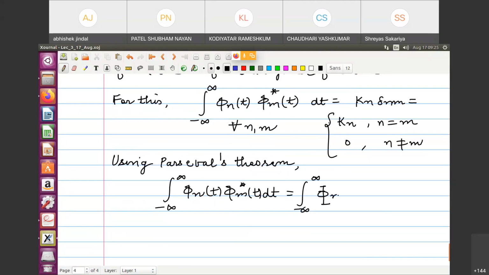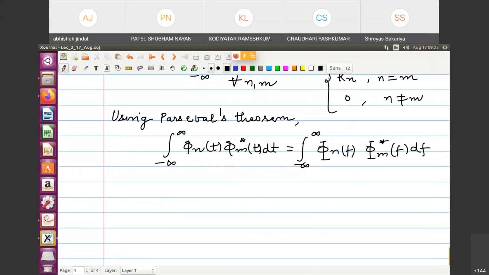Phi n(f) times phi m star(f). That is, this sort of multiplication and integration can well be performed in the frequency domain, after taking the Fourier transform of each of the functions. The value which it takes is the same.